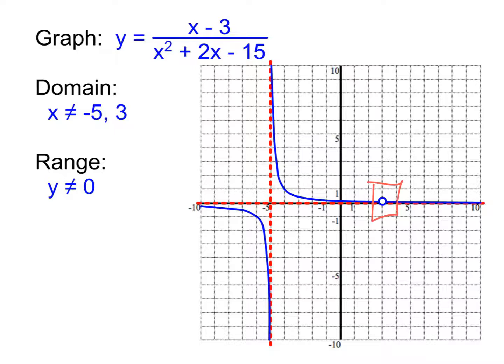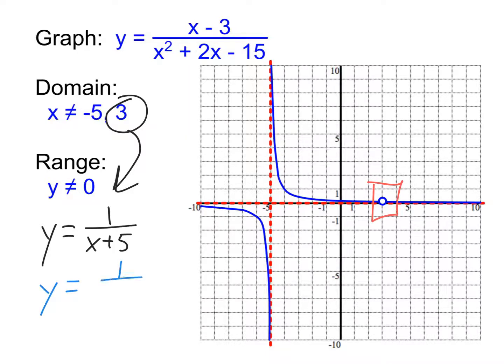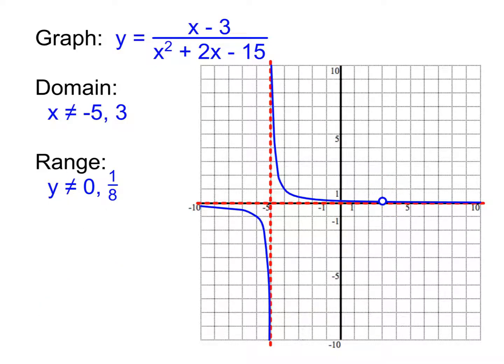In order to do that, we take our simplified equation that we got earlier, y equals 1 over x plus 5, and we plug that x value in. So I'm going to take this x value of 3 and plug it in for x. That gives me y equals 1 over 3 plus 5, which is 1 over 8. So that tells me what the y coordinate is of that point that's being excluded. So I also include that as my other restriction.